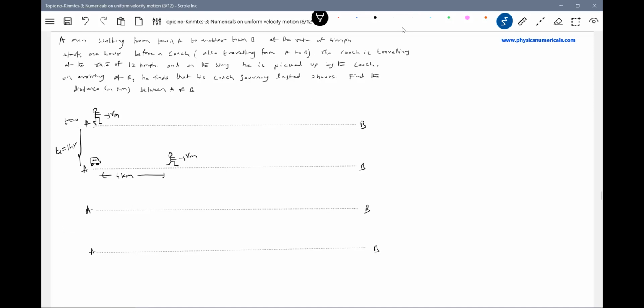Now the coach will start. Able to understand? The man will start his journey earlier. He will start walking. Then after 1 hour, the coach will start here. I'll draw a rough diagram like this. So for the first 1 hour, the man will walk.